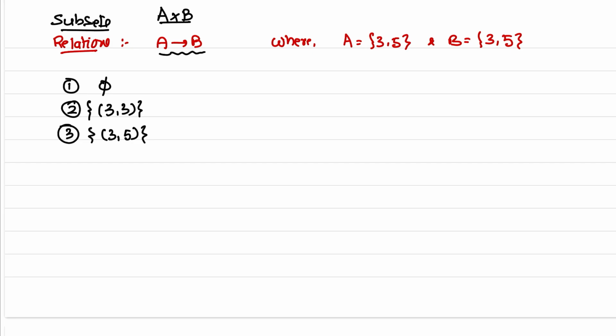It is a subset, and it is a relation. And the fourth one is 5 to 5. We can say 5 to 3 because we will go in an order. Fifth, so that you will remember the process, 5, 5.